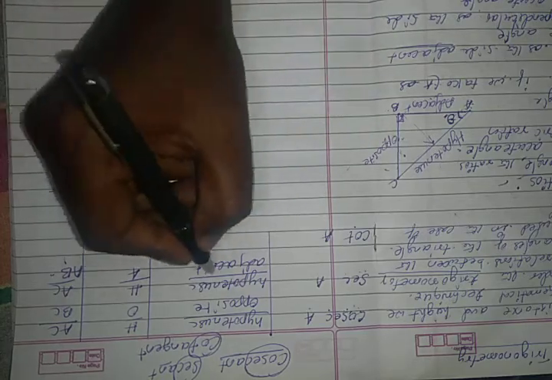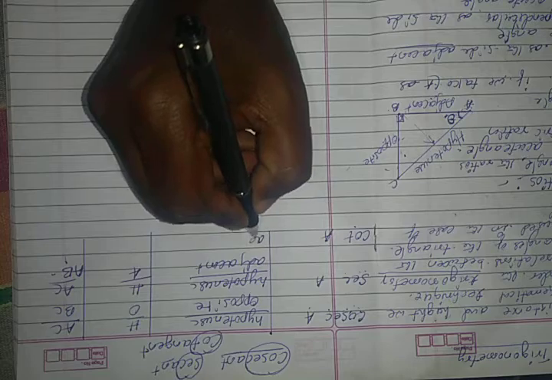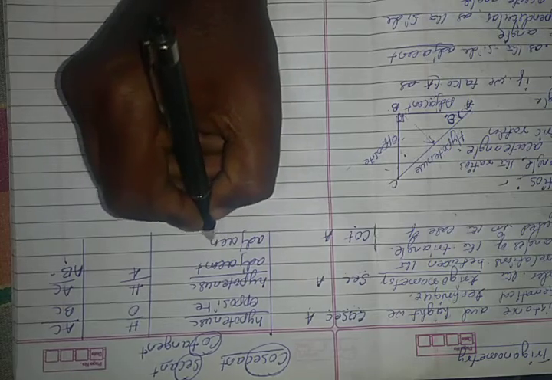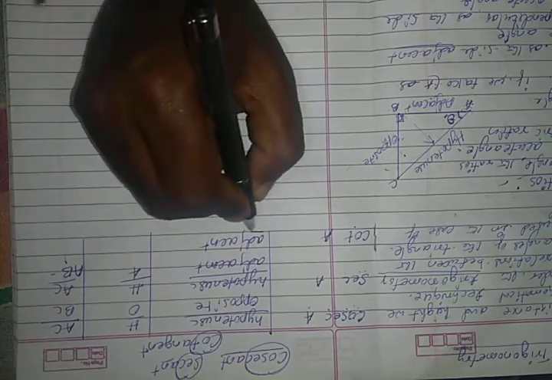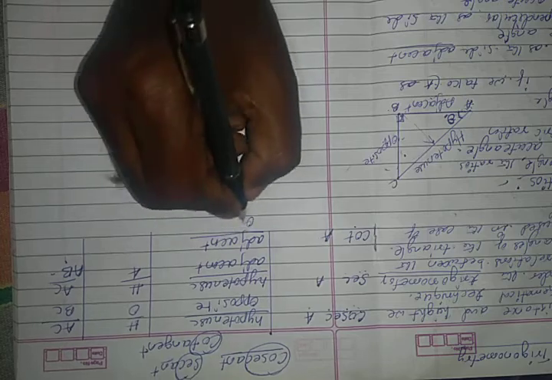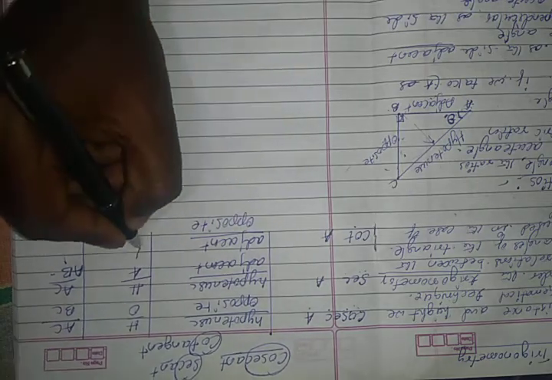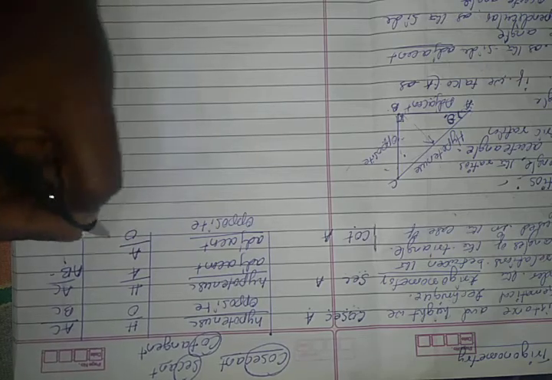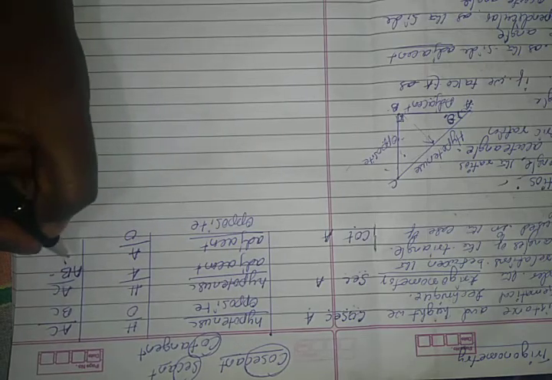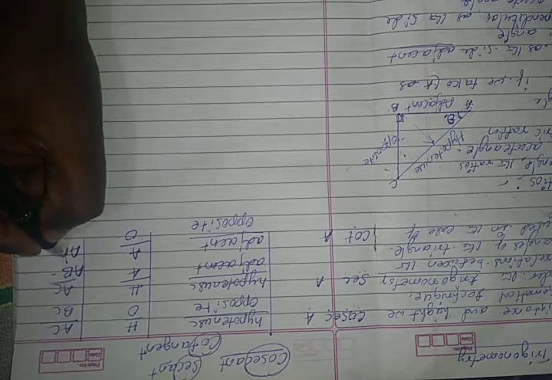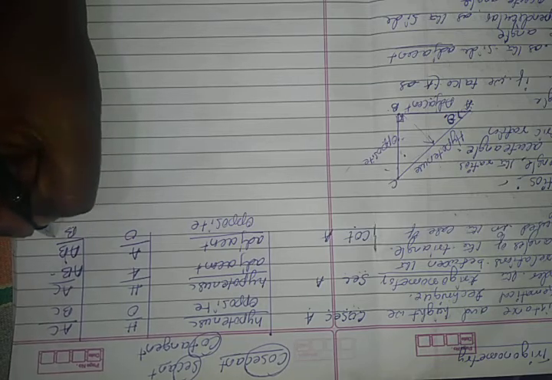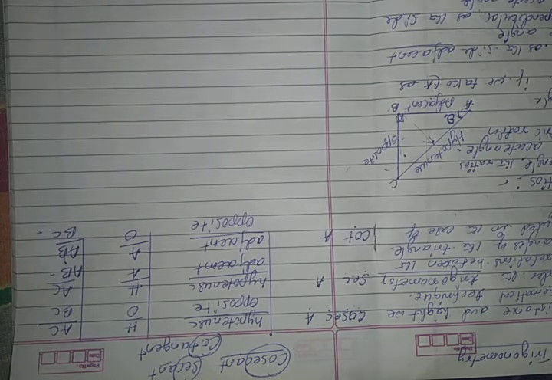That is adjacent divided by opposite, A divided by O. What is A divided by O? It is AB divided by BC. So there are six trigonometric ratios.